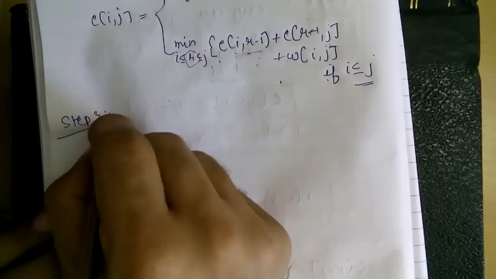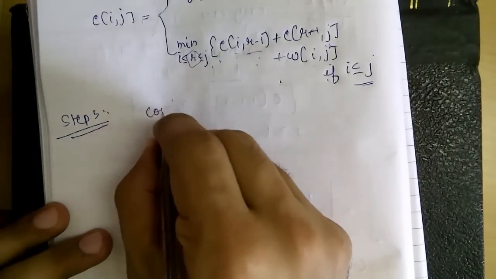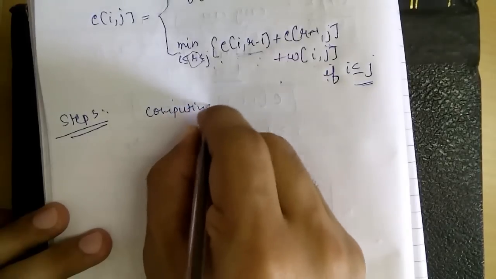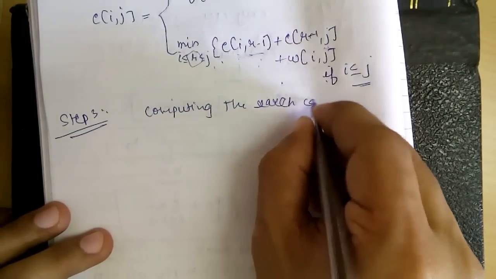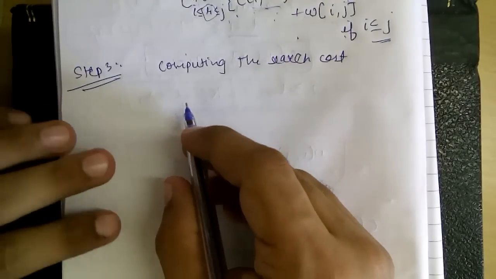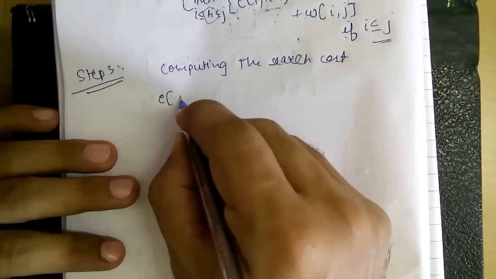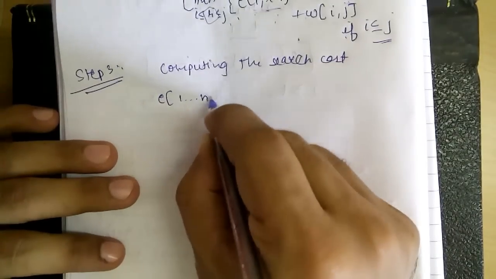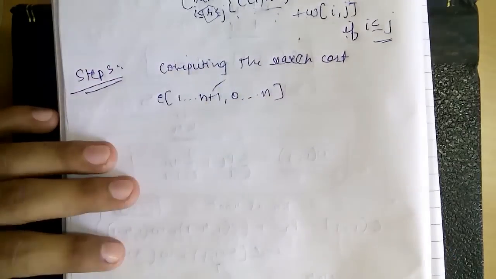So finally moving to our favorite step 3, that is actually computing the search cost. So now we have these 3 tables to fill: the expected cost e, going till n plus 1, since this is for the dummy key n plus 1.